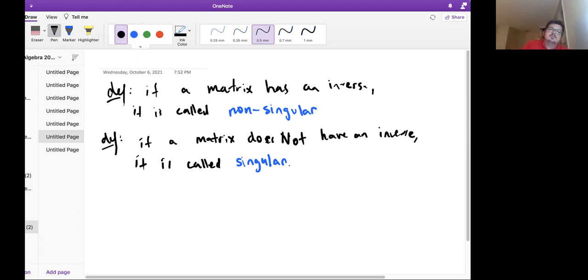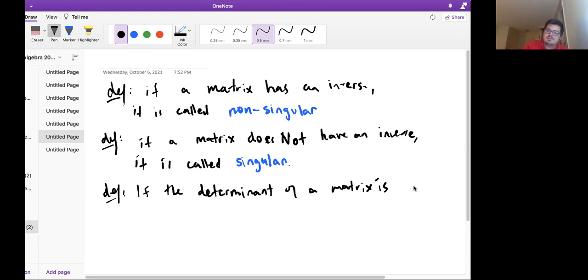So what is the determinant? If the determinant of a matrix is 0, it's not really a definition, but the matrix is singular.